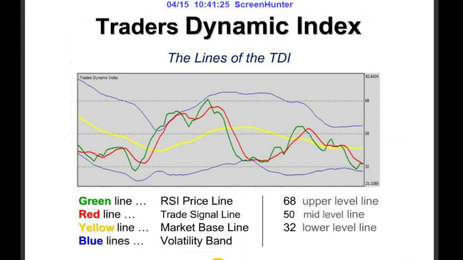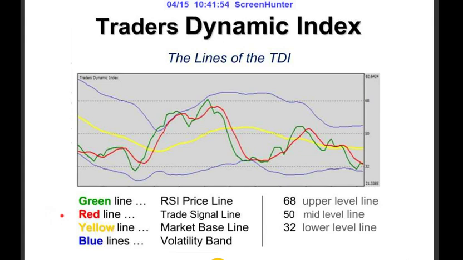The red line is what I refer to as the trade signal line. If you're following along with me in the chart, to make it easier, this is where I am right now. If you see the bouncing red ball in the lower left-hand side, the red line is where I'm at right now. That's the trade signal line. Many of us who were introduced to the Forex market were familiar with the software package that came out a few years ago, and it used green and red line crossovers.